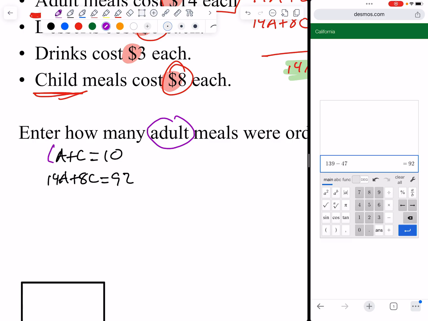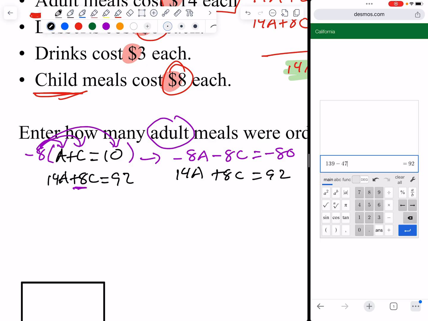So I'm going to multiply the top times negative 8. Can you see why? Because I have a positive 8. So if I distribute it to everything, that's going to give me negative 8A minus 8C equals negative 80. For my other one, nothing happened. So 14A plus 8C equals 92. So now what happens to the C's? The C's are gone.